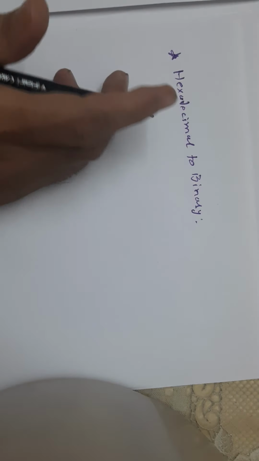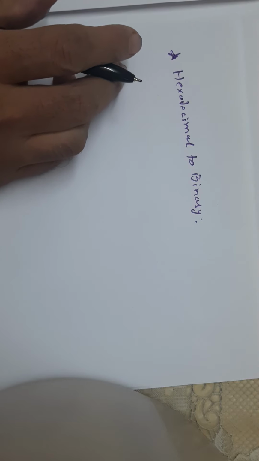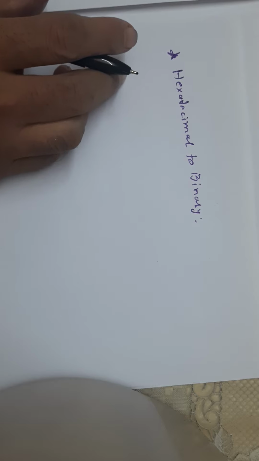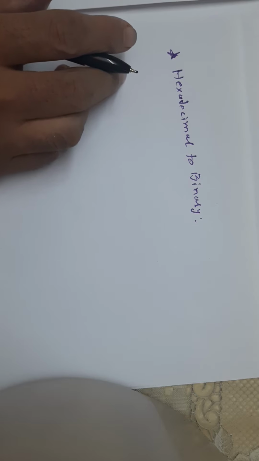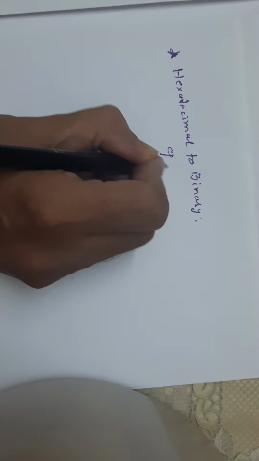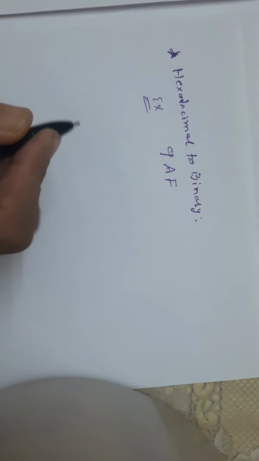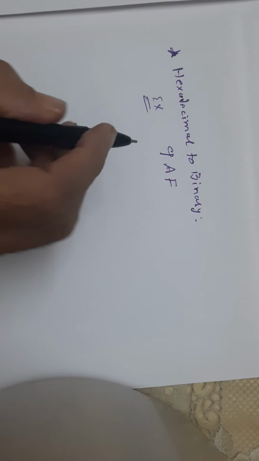To convert a hexadecimal number to a binary number, convert each hexadecimal digit to its 4-bit equivalent using the code given in the above table. For example, 9AF. This is your hexadecimal number. We want to convert this.